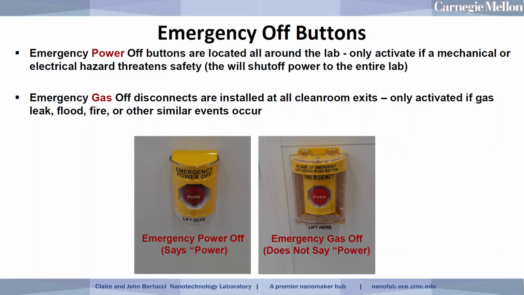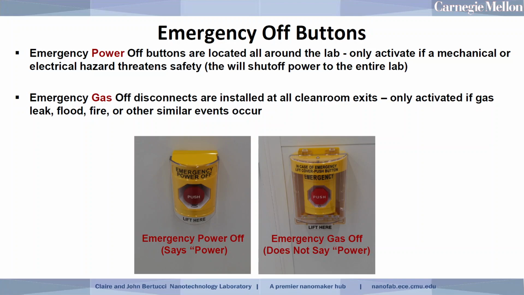As far as where these are located, you'll be shown explicitly in the VR video, but the emergency power off buttons are sprinkled throughout the lab. The idea is that they would be located in places where you might be able to get to them quickly.